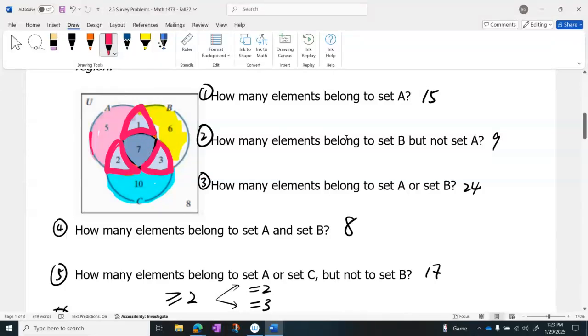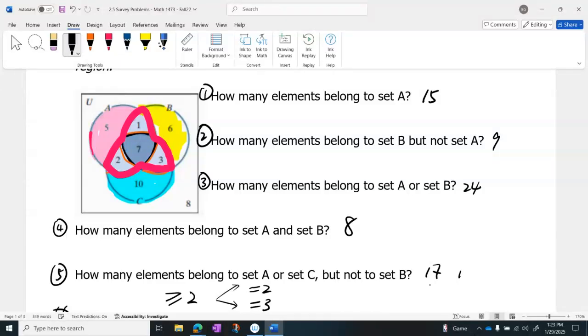So the region we are looking for, representing all the elements belonging to at least 2 of the 3 sets, is this flower region. And we have a 7 in the middle, 1, 3, so 13. Do you have the answer 13?